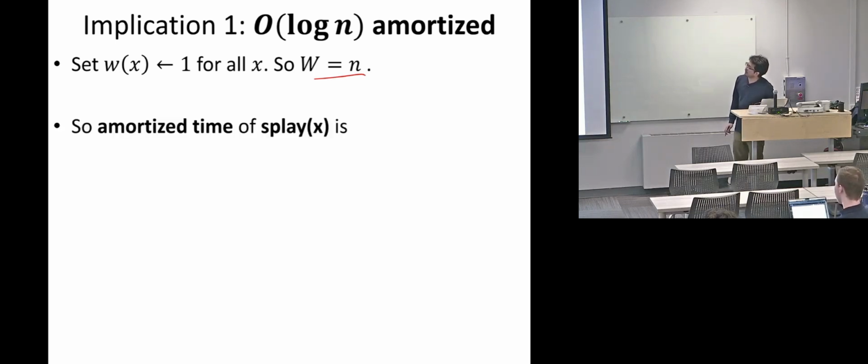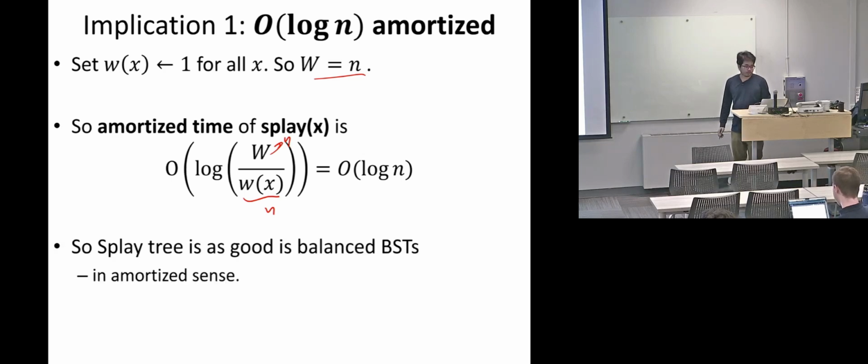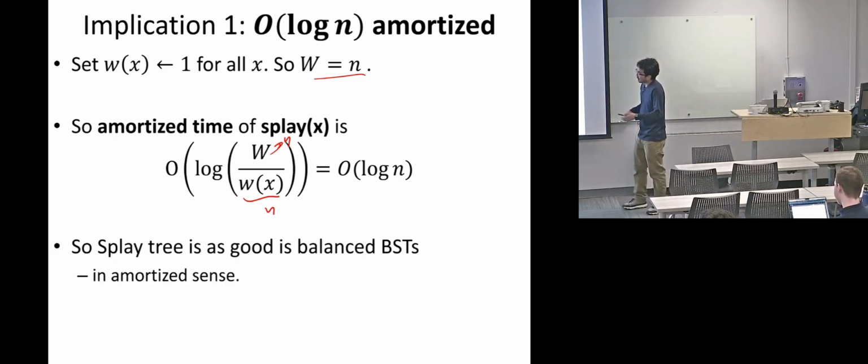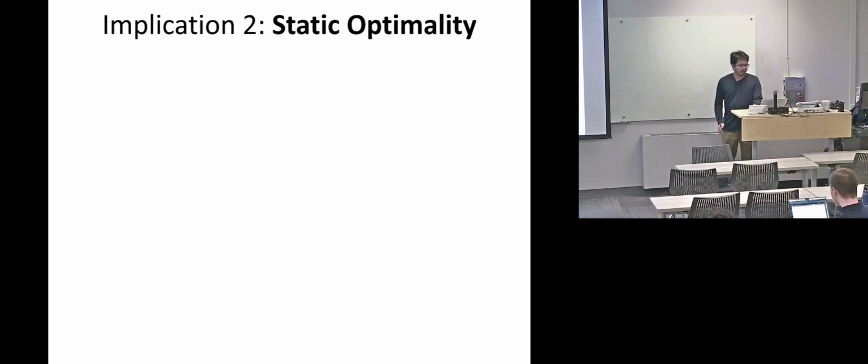It means that the amortized time to Splay any node is going to be log of n over 1, so it's log n. So in the amortized sense, a Splay tree is as good as a balanced binary search tree, like a red-black tree or AVL tree.